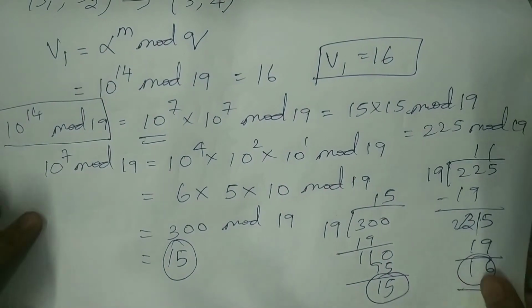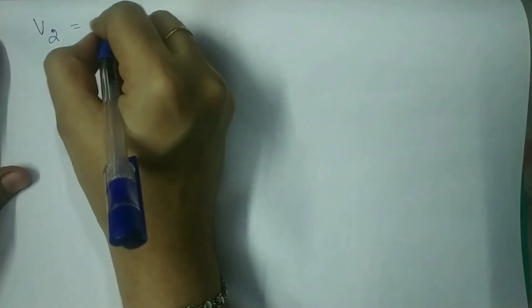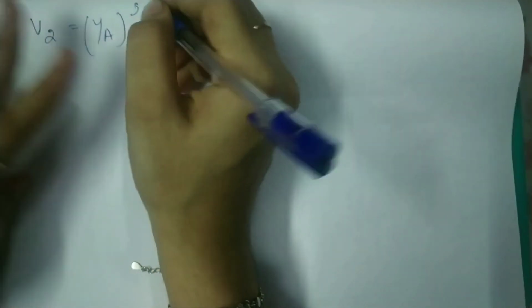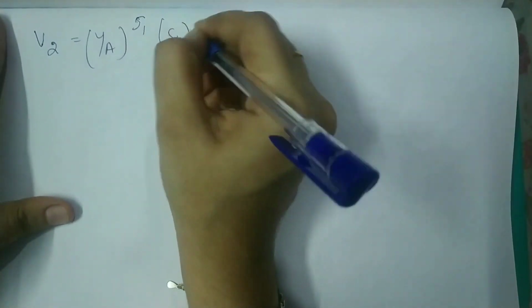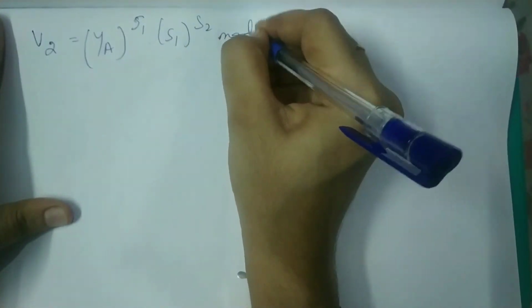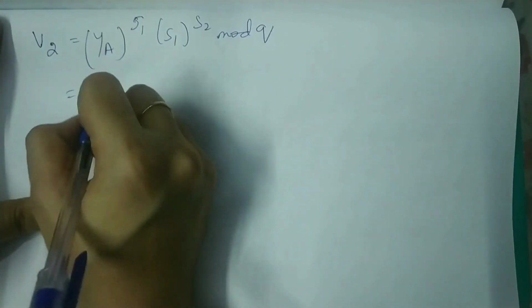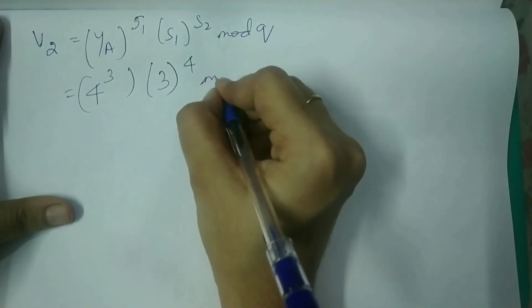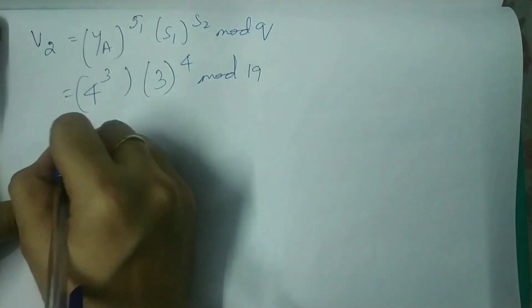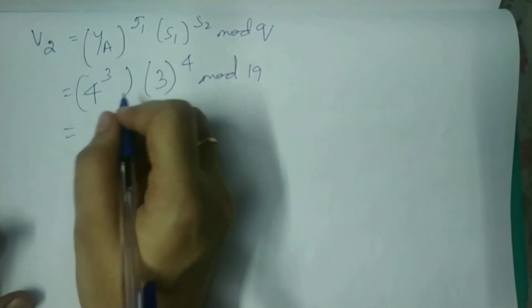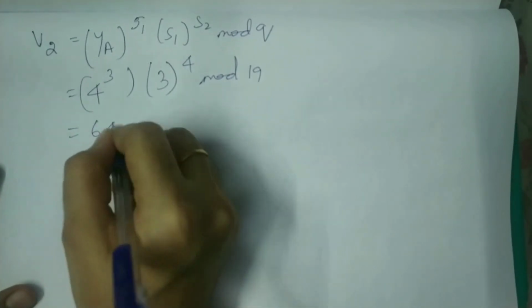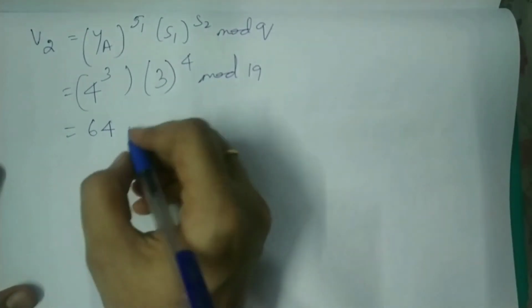Next we need to find the value of V2. The formula for that is ya to the power s1 into s1 to the power s2 mod q, which is equal to 4 power 3 into 3 power 4 mod 19. When you solve this, 4 cube is 64, because 16 into 4 is 64.